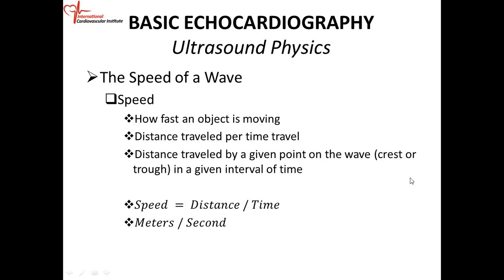So speed with direction is velocity. Whereas if you just give a speed, if you say I'm traveling at 30 miles per hour and you don't give any direction, that's a scalar quantity. So you need to understand those definitions, scalar and vector. Vector means you have a direction associated with it.